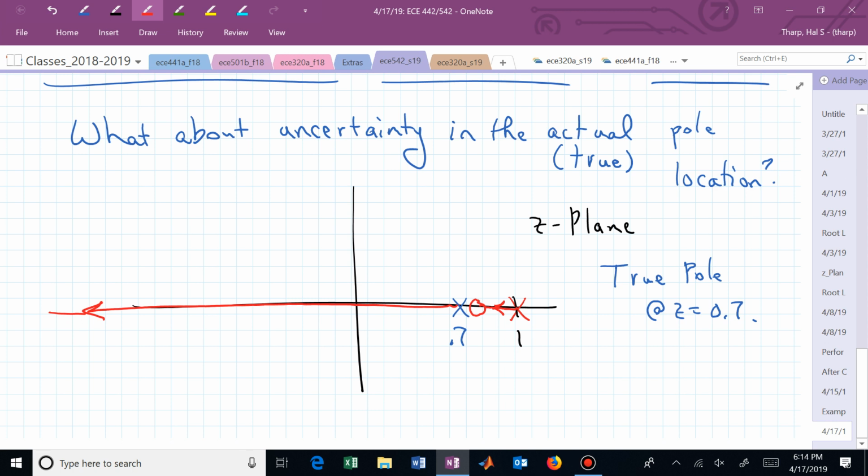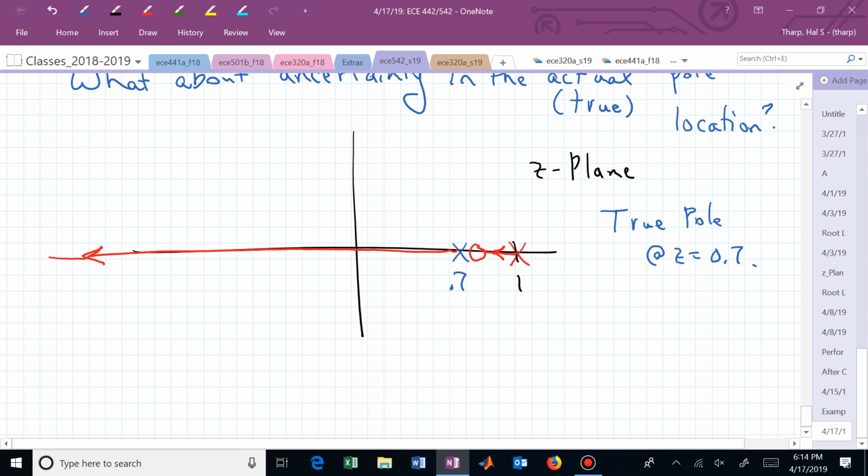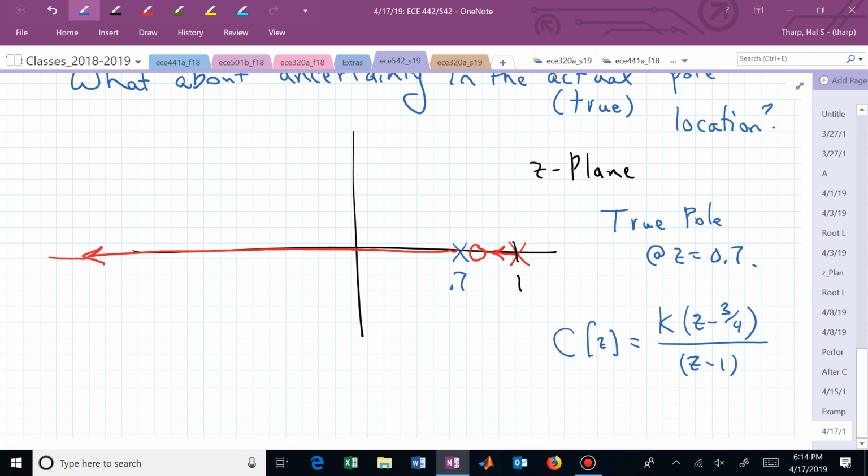Question? Why is there a zero at 0.75? What I'm doing now is determining how robust the earlier controller that we just designed was. The PI controller that we just designed was C of z equals K, z minus 3/4 over z minus 1.